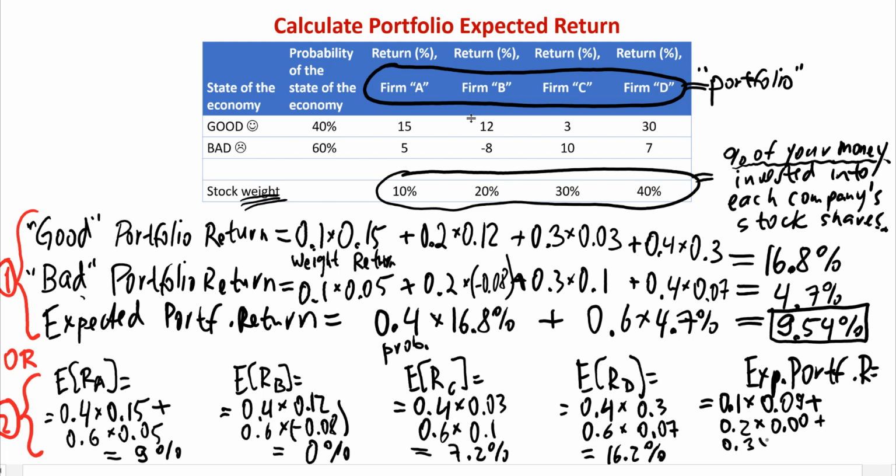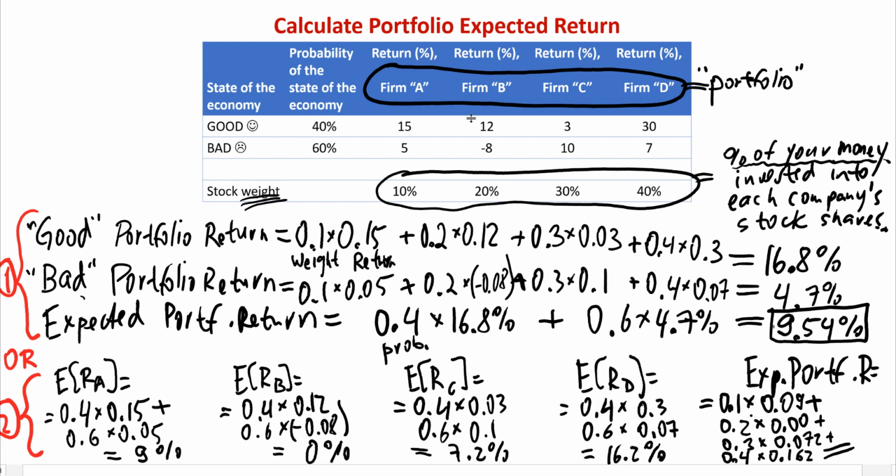So 0.3 times 0.072. And the last stock, stock D, the fourth one, 40% will grow by the expected return of 16.2%. So 0.4 times 0.162. Right, so we have 4 components, which are the products of the weights by the expected returns from the calculations on the left.